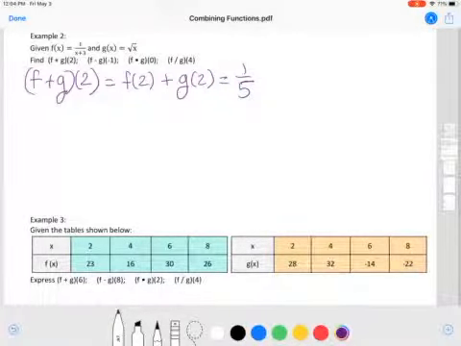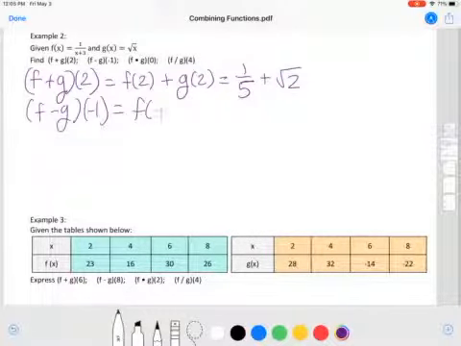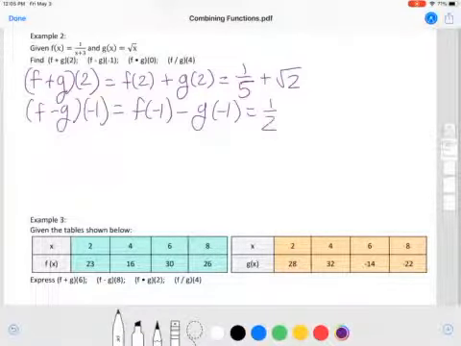And g of 2 would be the square root of 2. Okay, let's do f minus g of negative 1 now. I'm going to find f of negative 1 and subtract g of negative 1. Well, f of negative 1 would give me 1/2.